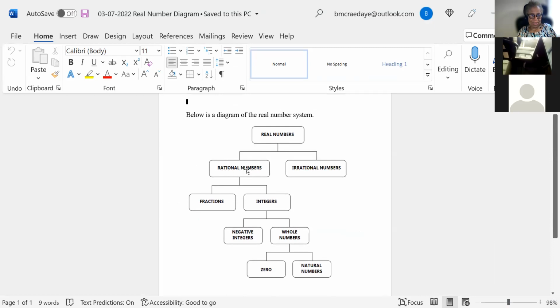A rational number can be an integer or a fraction. So that's what we're looking at now, fractions. So you gave me some examples of fractions. So let's go to new share.